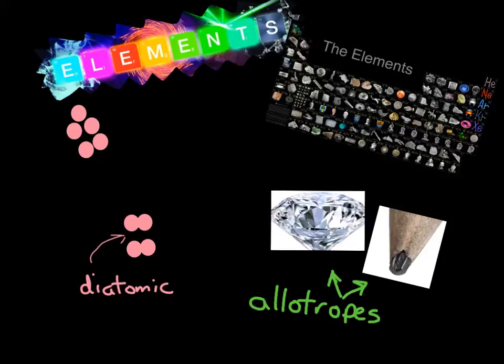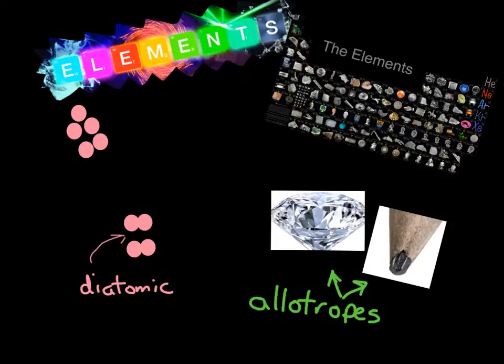Another form of element is a special type called a diatomic molecule. Diatomic molecules are when atoms of the same element, notice that these guys are the same type of element, are bonded together. This is not a compound because it's the exact same element bonded to itself. We call this diatomic.